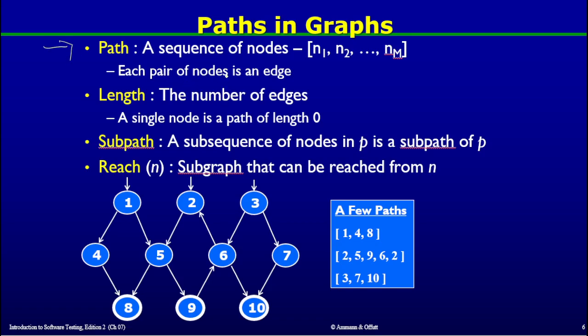A path is a sequence of nodes, and you usually enclose that sequence of nodes in square brackets. That also means a certain node can be repeated, or duplicated, in this path. The square brackets represent that a duplicate node may exist.